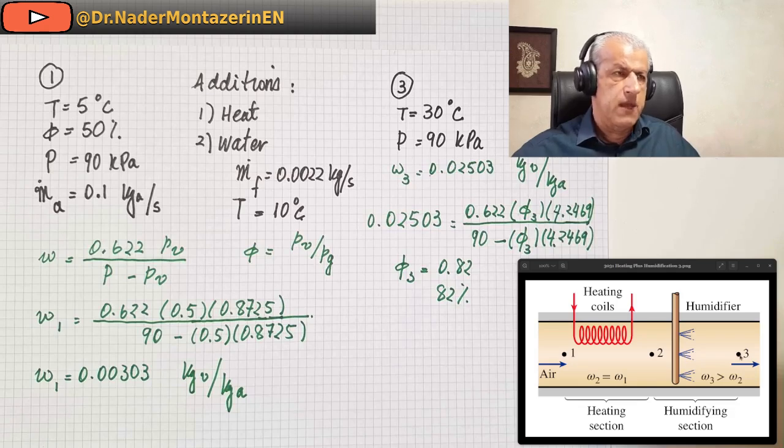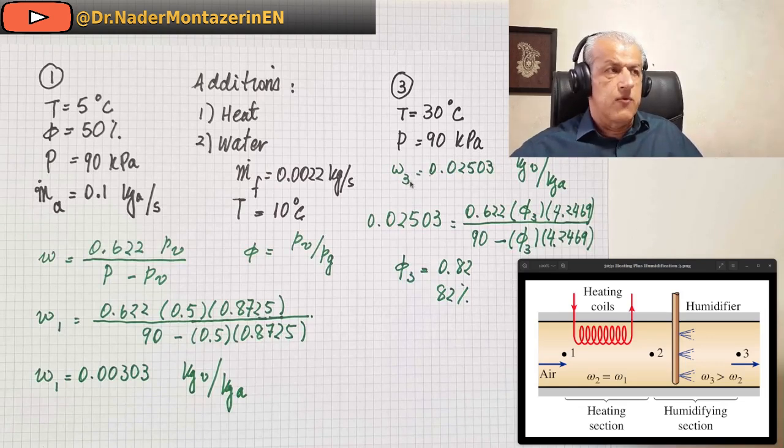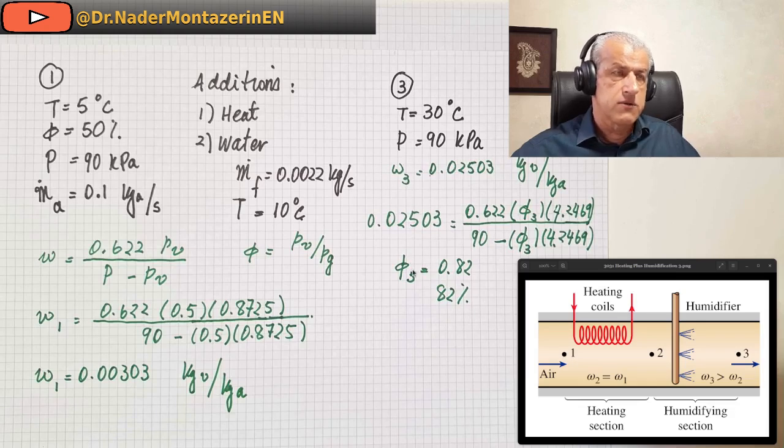And what we did, we calculated properties from point 1. What we didn't know was specific humidity, where we calculated it. We also calculated all we needed for point 3. We didn't know specific humidity, we calculated it. If we didn't know relative humidity, we also calculated it.